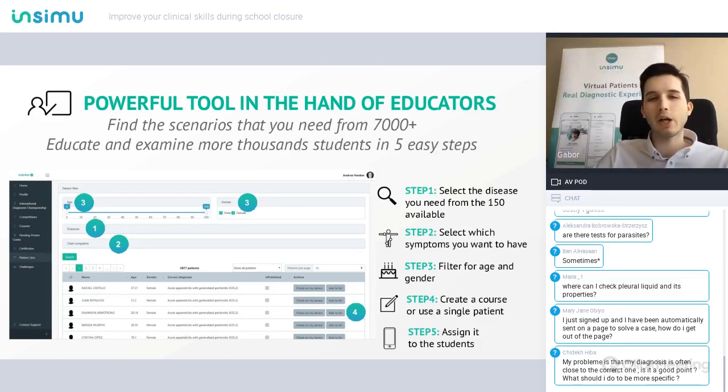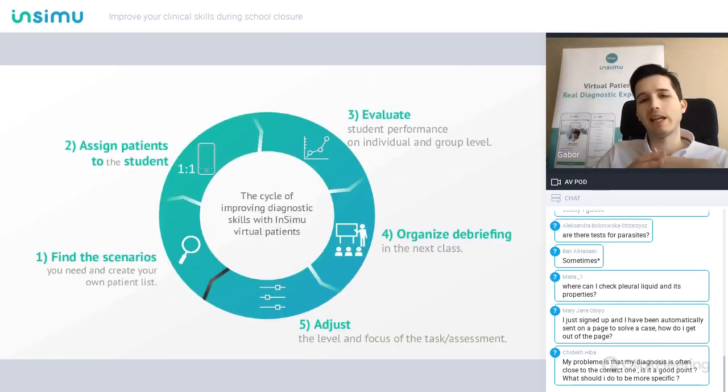They can pick the virtual patients that would fit your study program, and they can share them with you and give you homework, and you can solve the cases at home. And your professor can see how you performed during the little course that he created for you, and he can help you. He can organize debriefing sessions, and you can discuss cases together.